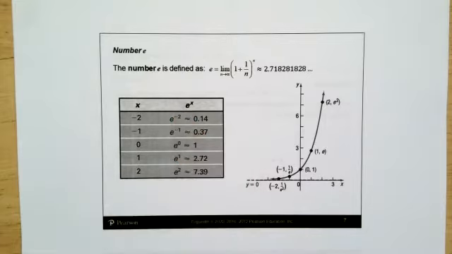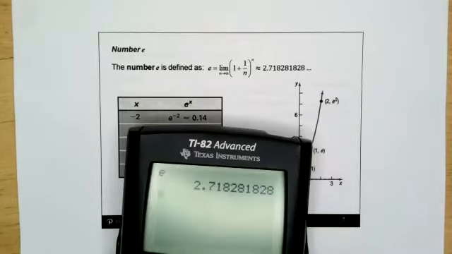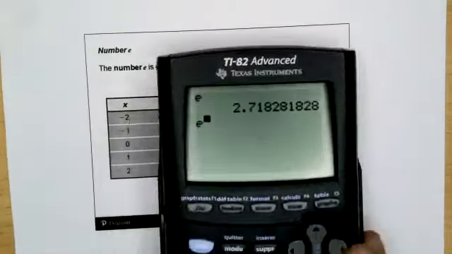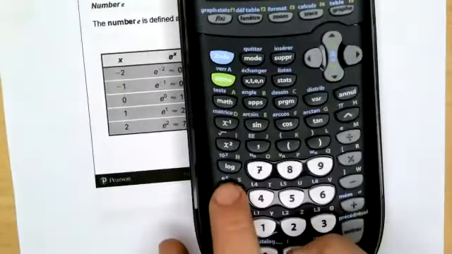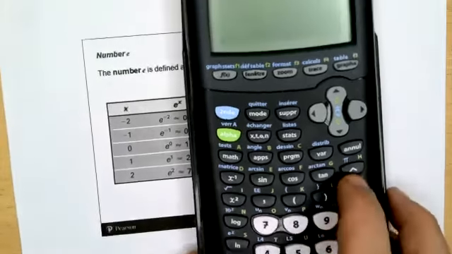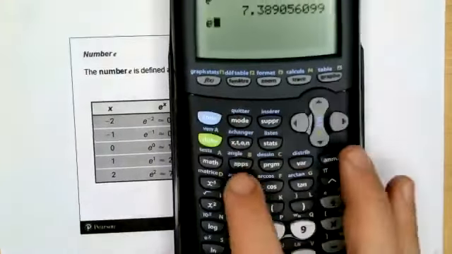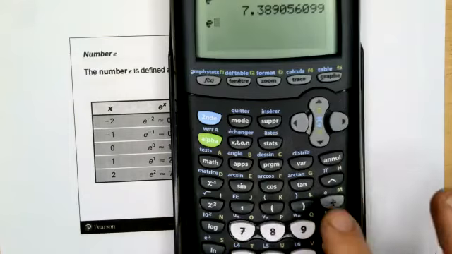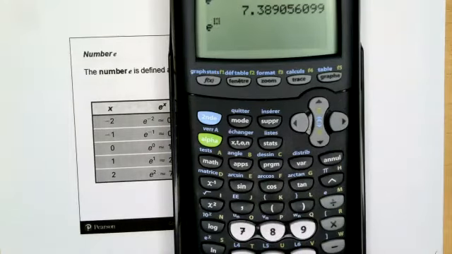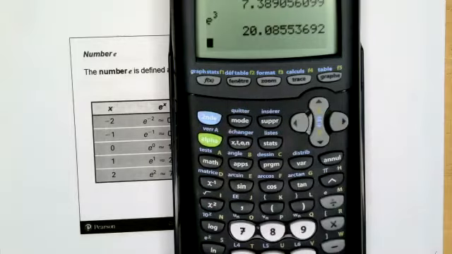So e squared is a button on your calculator. So you want to be able to do that.